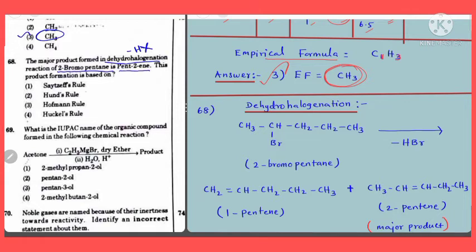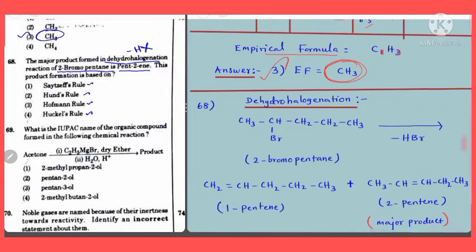Now the question is, which of the following rules does this reaction follow: Saytzeff's rule, Hund's rule, Hofmann rule, or Huckel's rule? Hund's rule is about atomic structure, the arrangement and pairing of electrons. Huckel's rule comes under aromaticity. So it may be either Saytzeff's rule or the Hofmann rule.